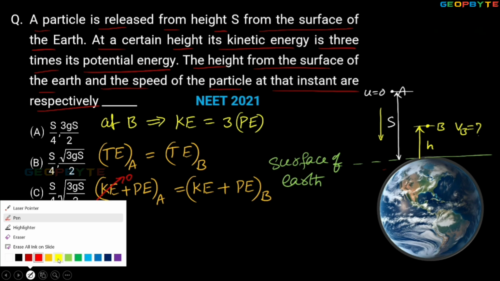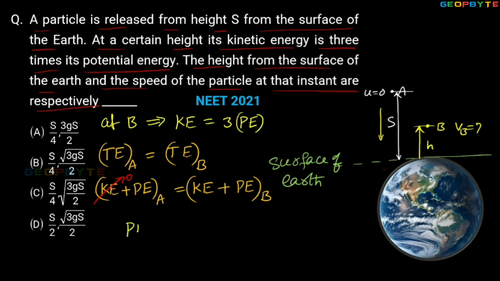Then the potential energy at A must be equal to kinetic energy at B plus potential energy at B.